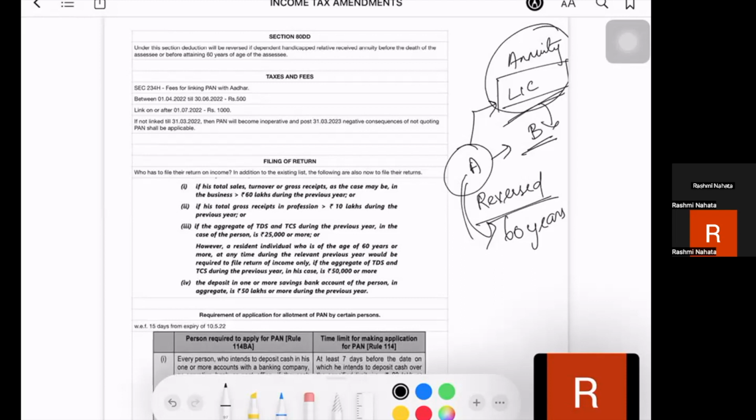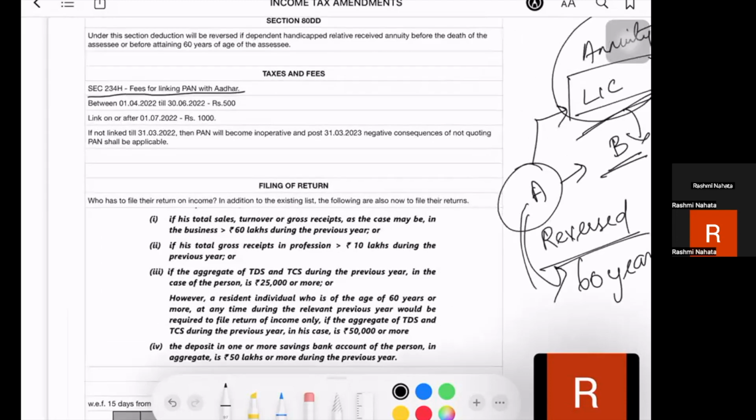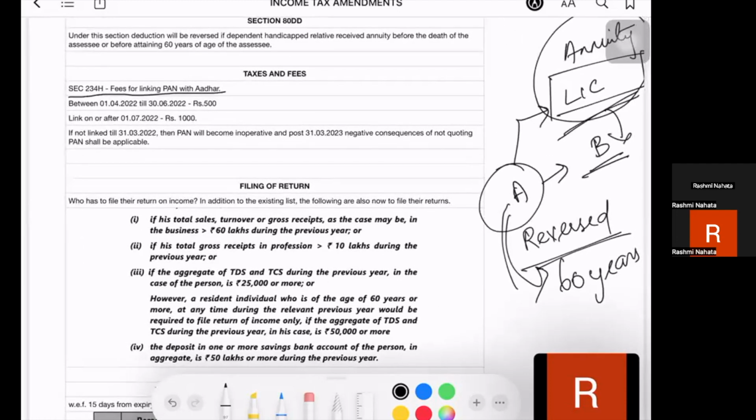Next one is in terms of taxes and fees. Here we have section 234H, which is the fee for linking PAN with Aadhaar. If it is linked between 1/4/2022 and 30/6/2022, it shall be 500 rupees. And if it is after 1/7/22, it will be 1,000 rupees. If it is not linked till 31st March 22, it will become inoperative, but there will be no negative consequences.